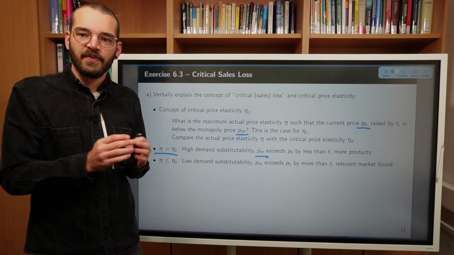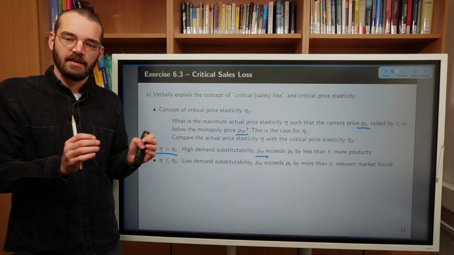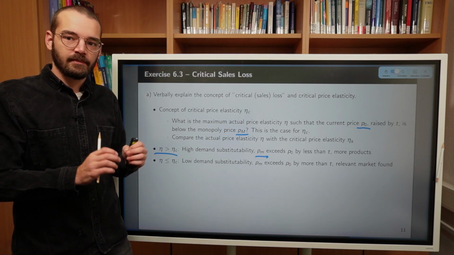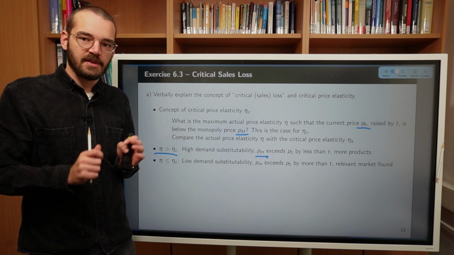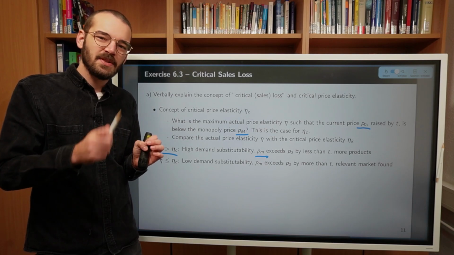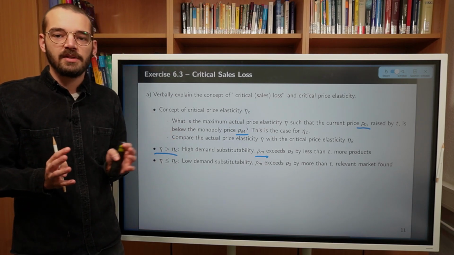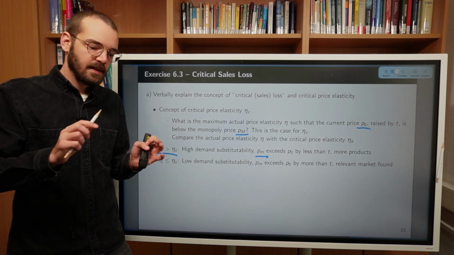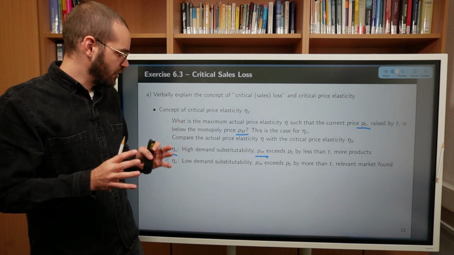Okay, so we have not yet found the relevant market simply because the demand substitutability within the goods we are currently observing is not large enough.